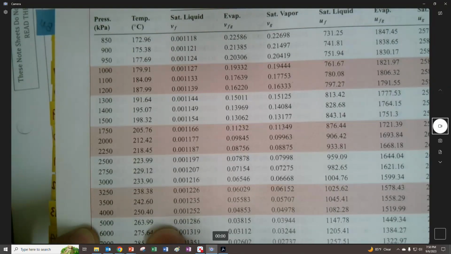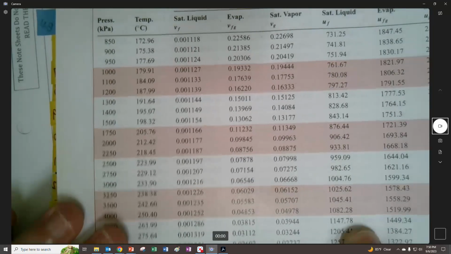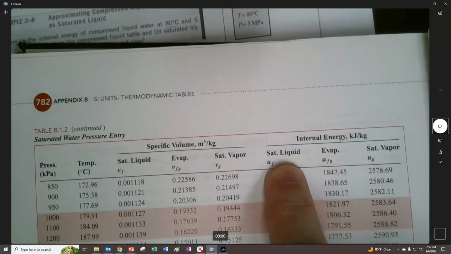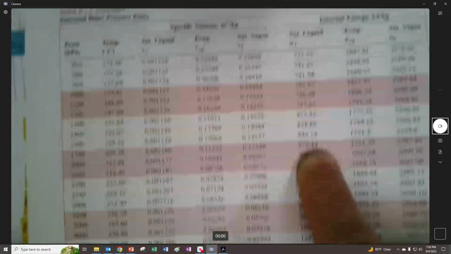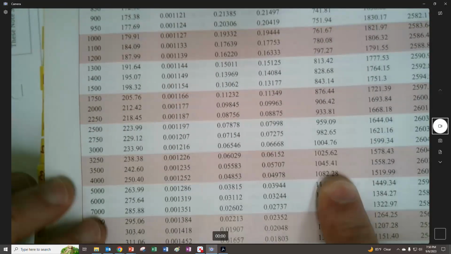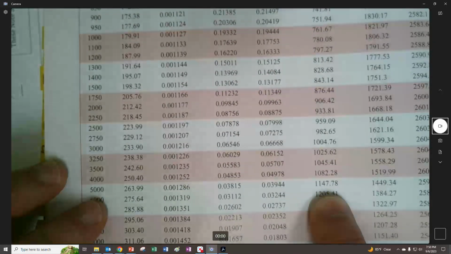And here's internal energy, the fluid internal energy. So we go down and index that one to 5,000.